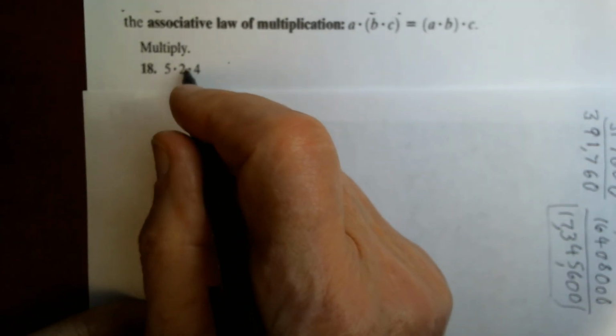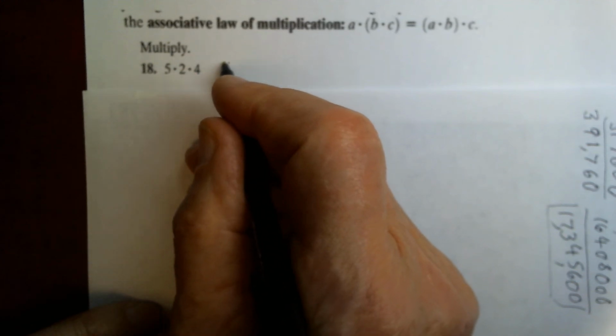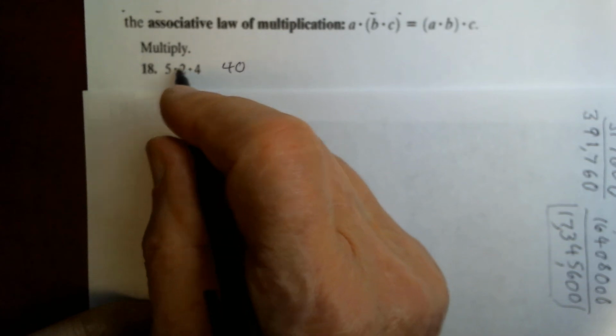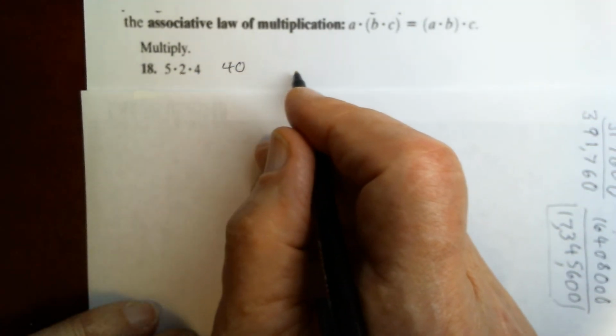In other words, 5 times 2 is 10, times 4 is 40. Or if we multiply 2 times 4 is 8, and 8 times 5 is 40 also. So that would be either way.